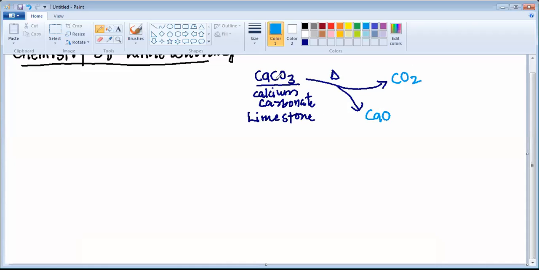So when we heat this calcium carbonate or limestone, this is what represents the heat. On heating, we get carbon dioxide and calcium oxide.